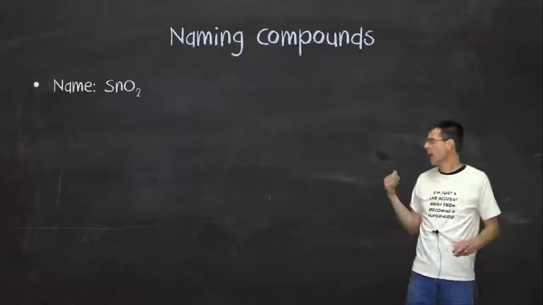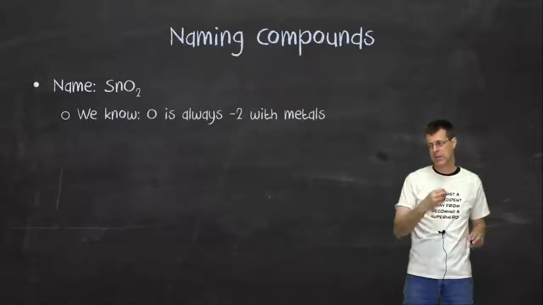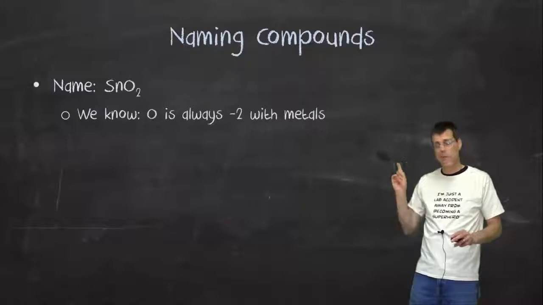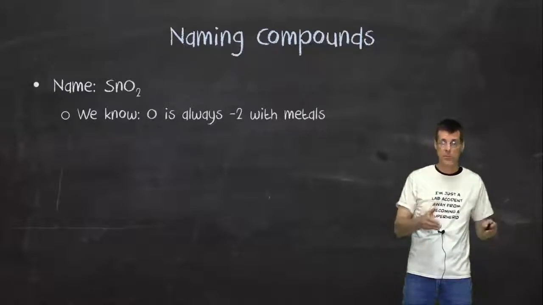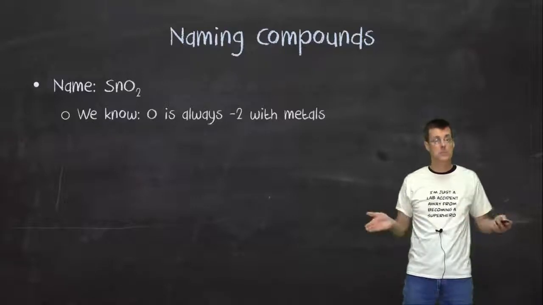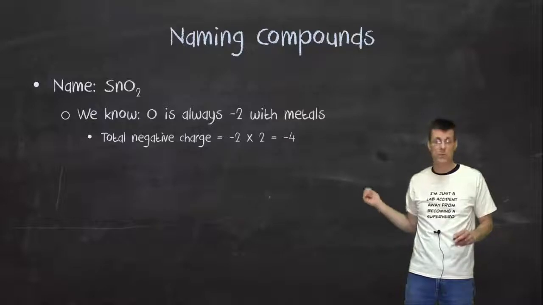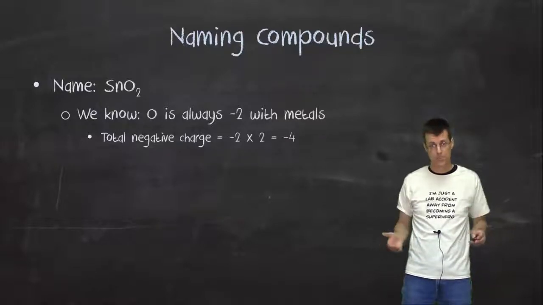If I were to ask you to name this compound, I can look at the periodic table and identify that Sn is tin, and I see oxygen. I remember from last time that oxygen is always -2 with metals, and tin is a metal. So oxygen is -2. There are 2 of them, giving a total negative charge of -4.